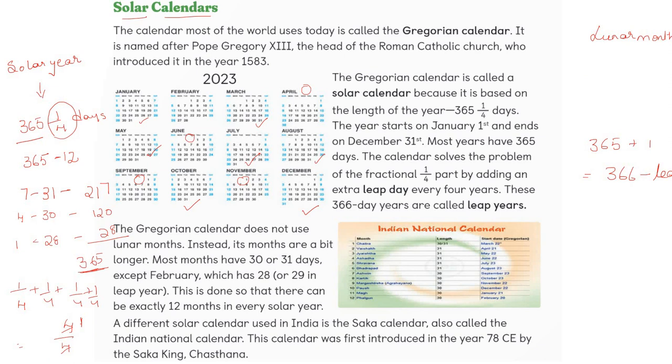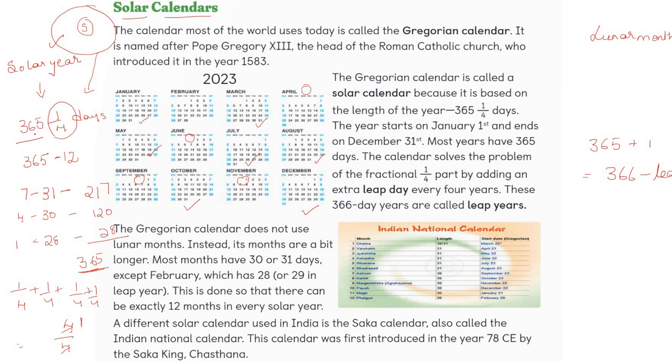Solar calendar is based on the solar year. What is solar year, kids? Solar year is the time taken by Earth to revolve around the sun. How many days does it take? 365 1/4 days. So what the historians have done? It was named by Pope Gregory.